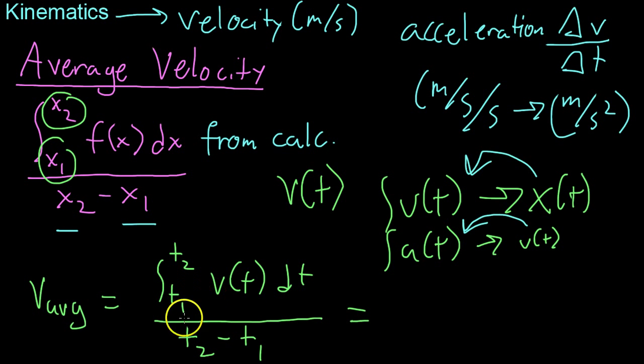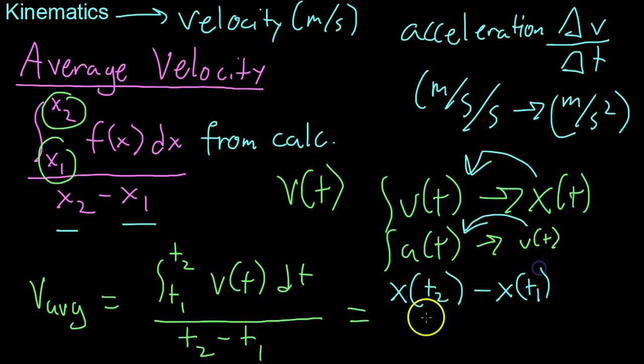But going back to our average velocity equation, we can note that we're integrating velocity from time 1 to time 2. So what you'll get is x, your position at time 2, minus your position at time 1, over the total time, time 2 minus time 1.